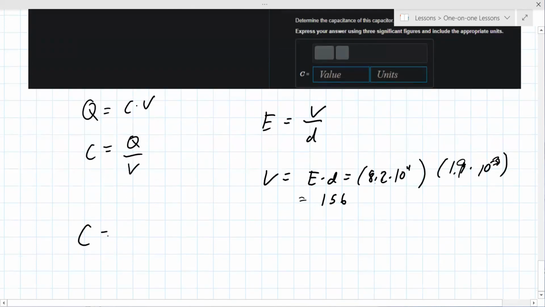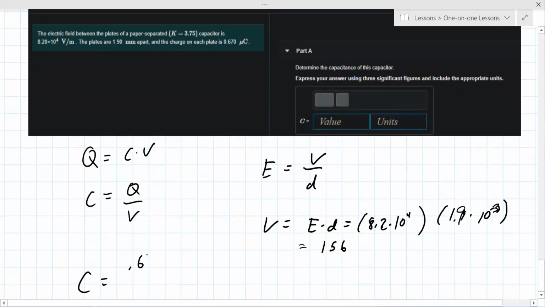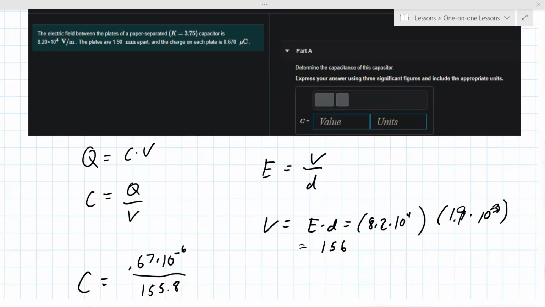And so C is equal to, we're taking Q, which is 0.67 times 10 to the minus 6 over, it's actually 155.8 V. Oops, I didn't use the right number.